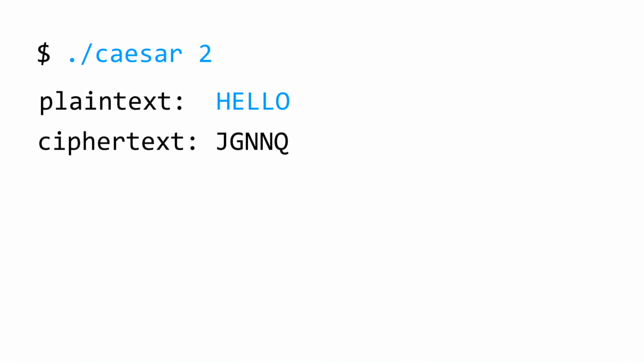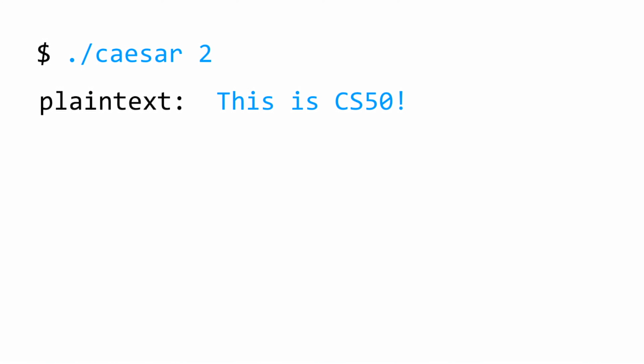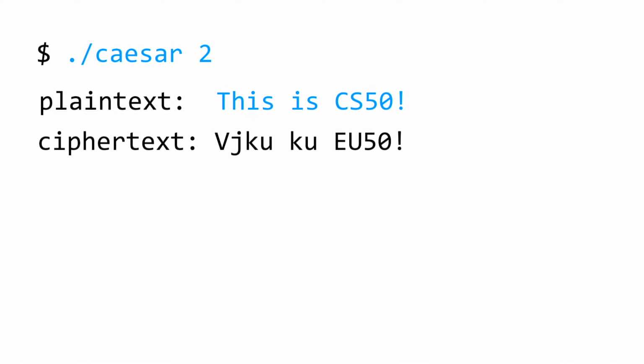Let's take a look at one last example. If I were to run ./caesar with a key of 2 and input a plain text of "this is CS50", then the ciphertext should look like this. And there are a couple of things to note here. One is that we're preserving case. If a character is an uppercase letter in the plain text, then it's also an uppercase letter in the ciphertext.